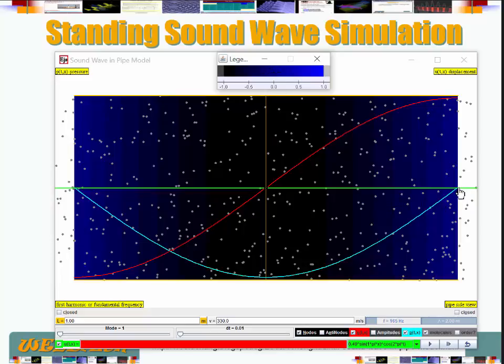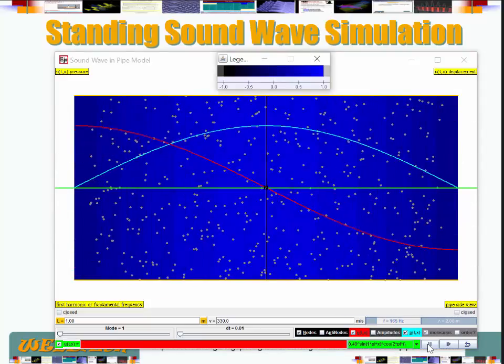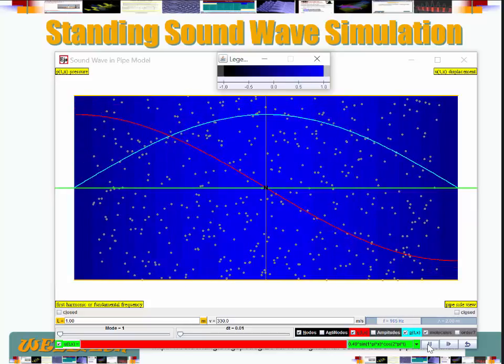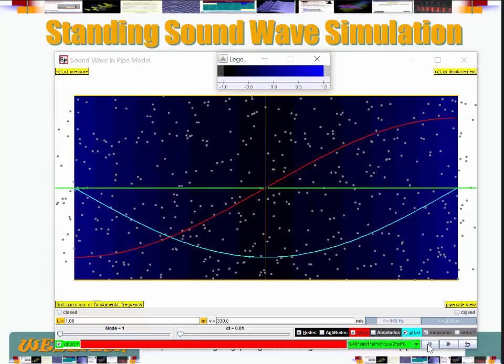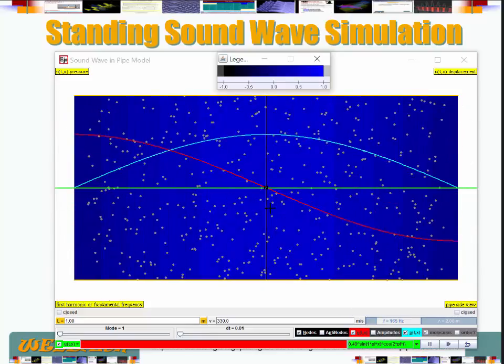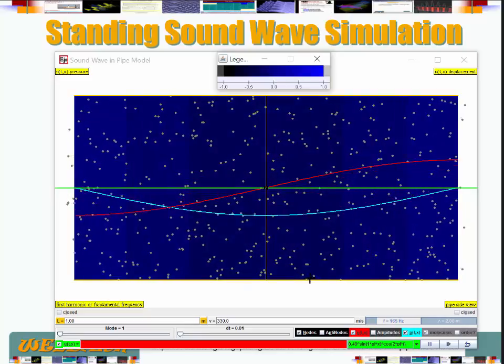Okay, so now here, this looks very much like what we see in the zero, and this looks very much like what we see in the zero. Okay, let's play the simulation. Okay, so you notice here the air molecules are oscillating in place.